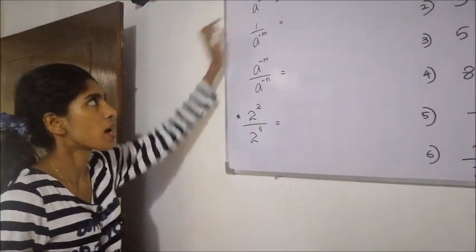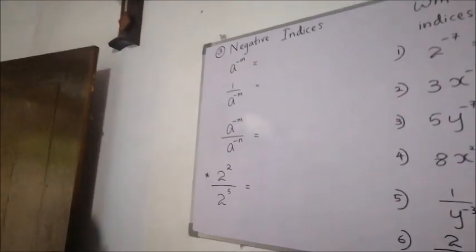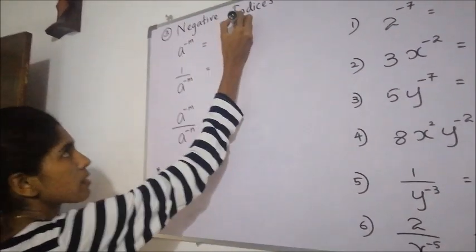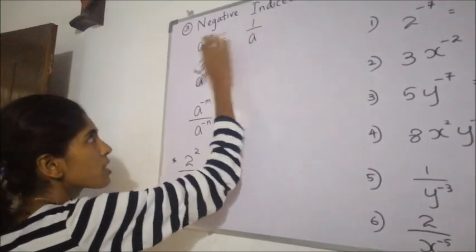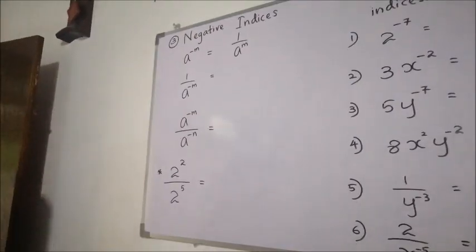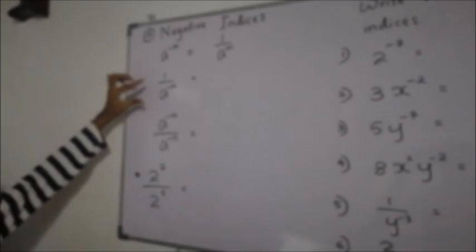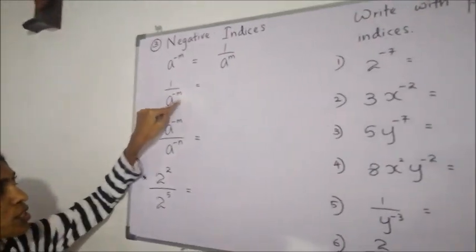we will see the first one, a to the power minus m. When we write it in positive form, we can use that reciprocal knowledge. Bring this down. Then what will happen to this negative index? It becomes positive, right? Okay, in the next one we can see this is also a power with negative index.